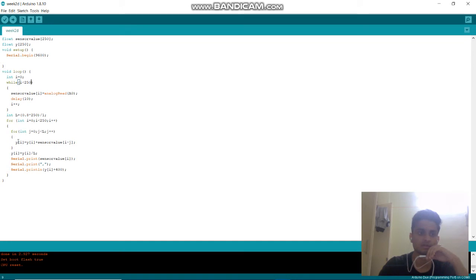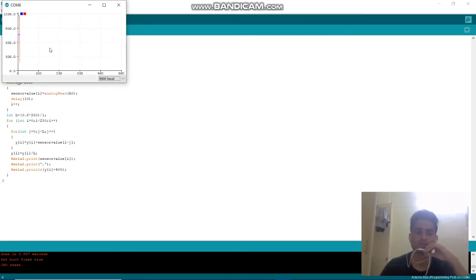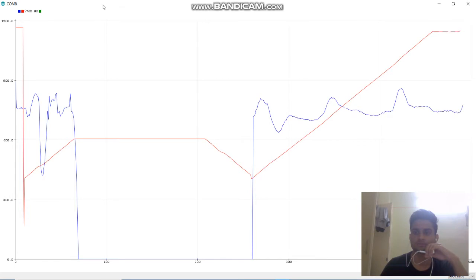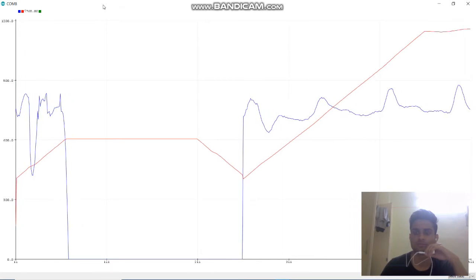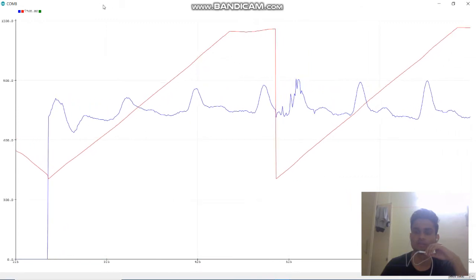Again we implemented a moving average filter using this length. So now let's plot this. So we can see here the output signal.